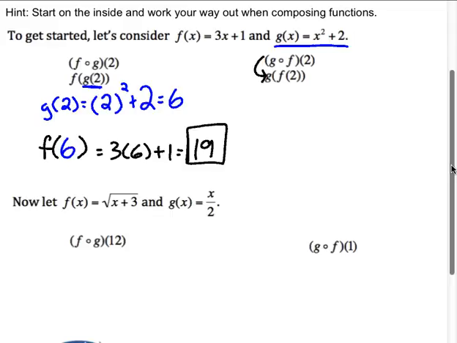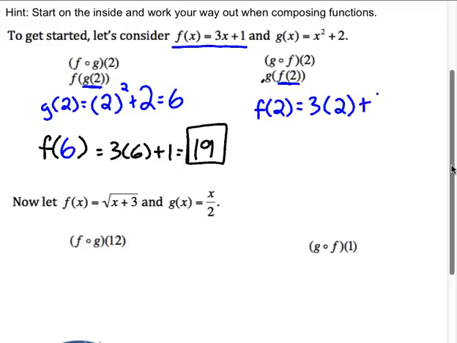So here this time g of f of 2. So rewrite it, start on the inside. Now this time the inside is f of 2. So this time the function I'm working with first is that one. So 3 times 2 plus 1. So 6 plus 1 is going to give me 7.